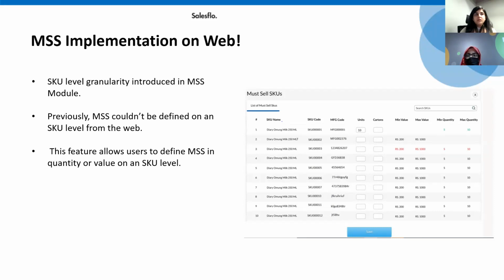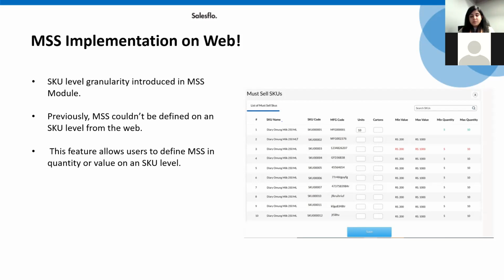If I give you an example, let's say for every order that an order booker is booking for a specific channel, you want that they will at minimum buy this much quantity, right? We had that feature in our mobile application, but we had no controls over our web application.